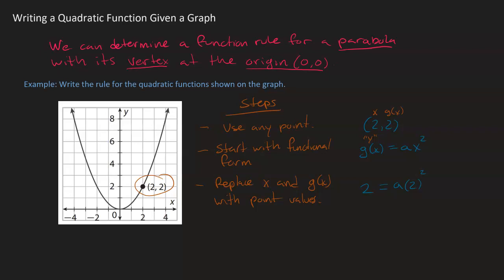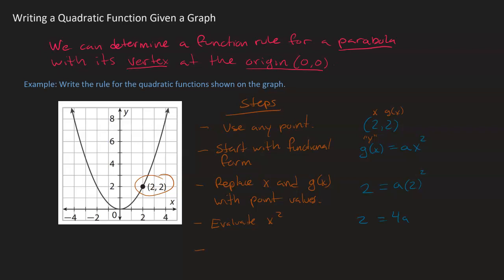Okay, so the next step after that is just to evaluate x squared and basically solve for a. So I'll show that step, meaning let's square that 2, so it becomes 2 equals 4a. And I'm just writing all the steps from beginning to end.